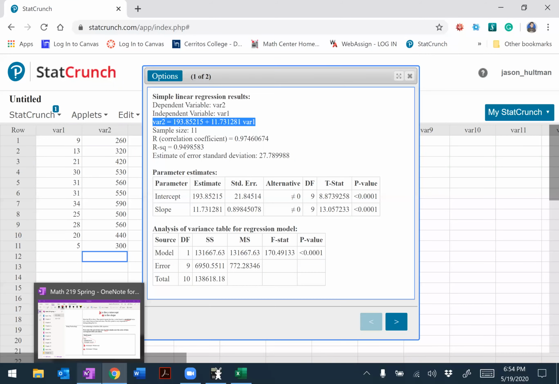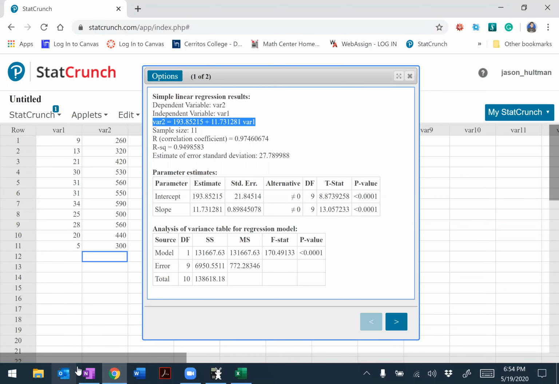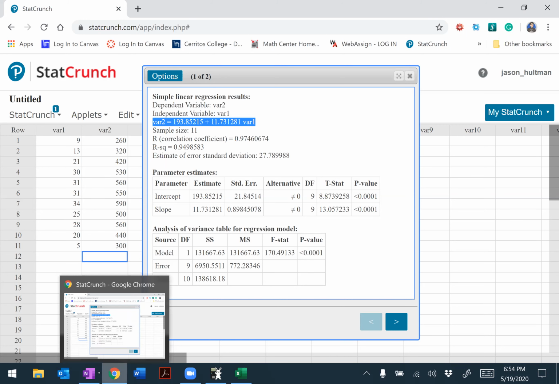So this is 193.85. var2 was my y values, so var2 is y, and var1 is x. So 193.85 and 11.73.